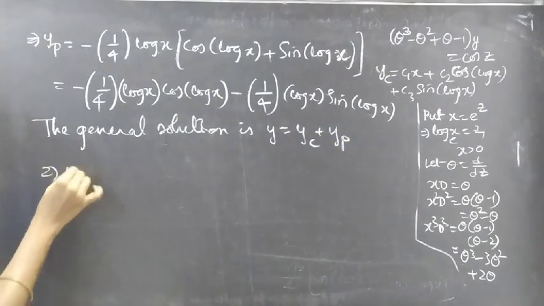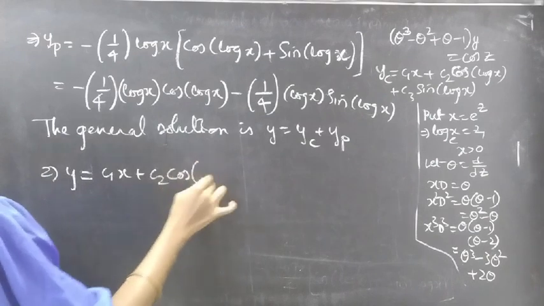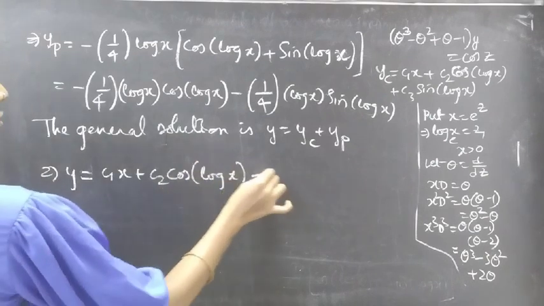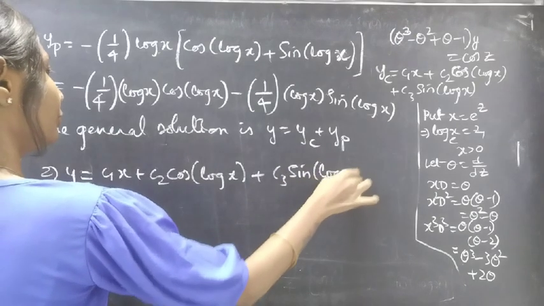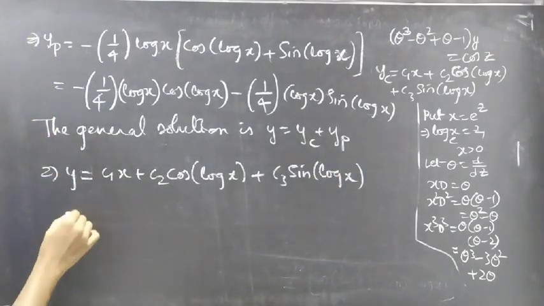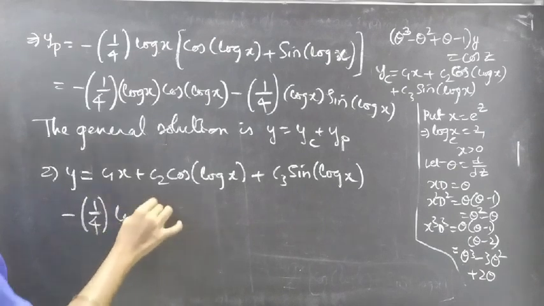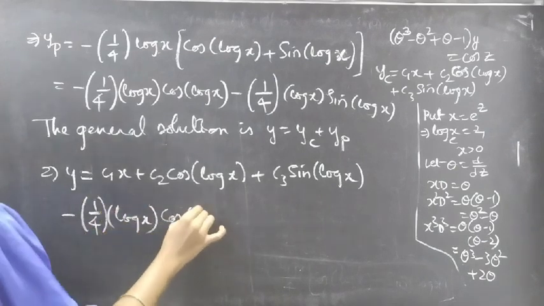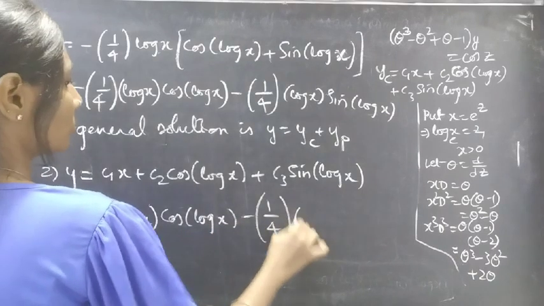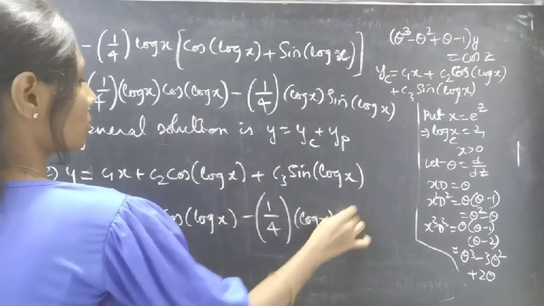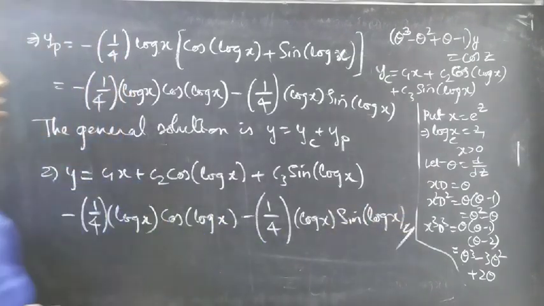Then y equals, y_c we have c1 x plus c2 cos of log x plus c3 sine of log x, plus y_p, −1 by 4 into log x cos of log x − 1 by 4 into log x sine of log x. This completes the problem.